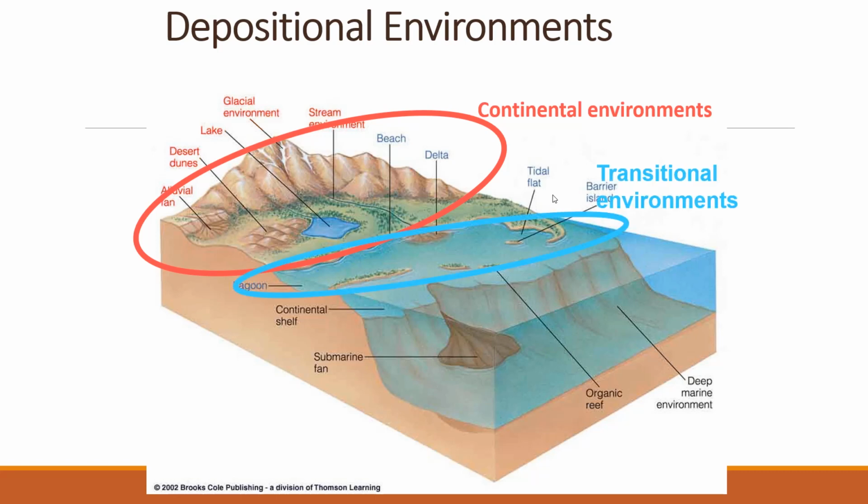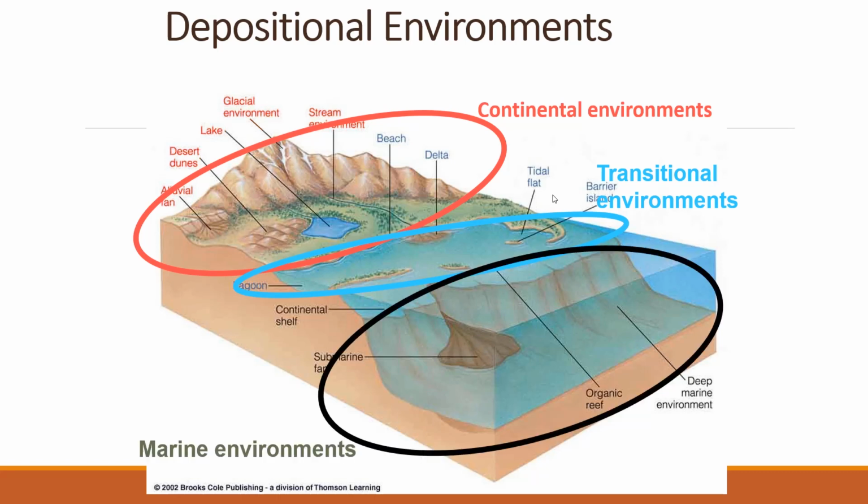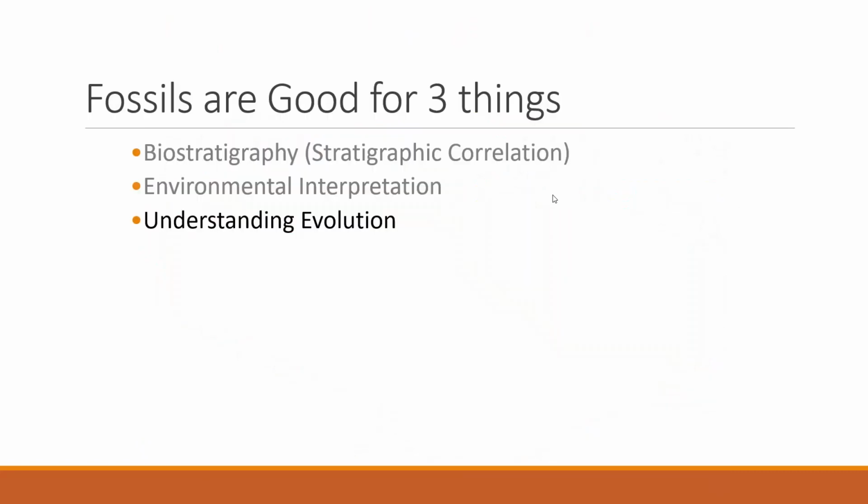Do we see transitional, where we're moving from continent to ocean? This is shallow marine, and if we see those types of fossils, that tells us about that environment. Or do we have full-on marine fossils? That will tell us we have a marine environment. So we can piece together what the area looked like at a given time based on the fossil record.